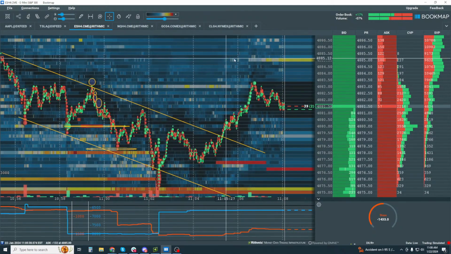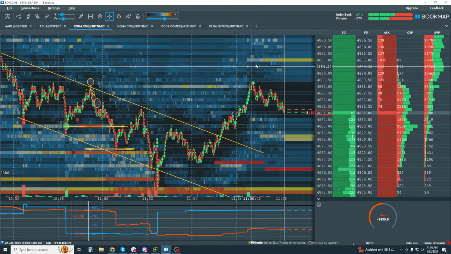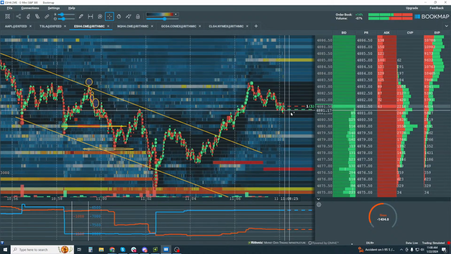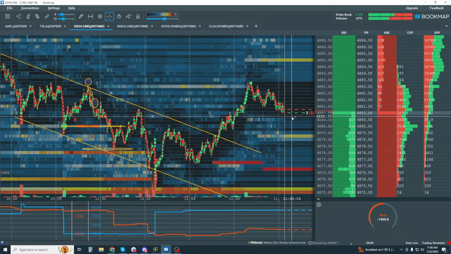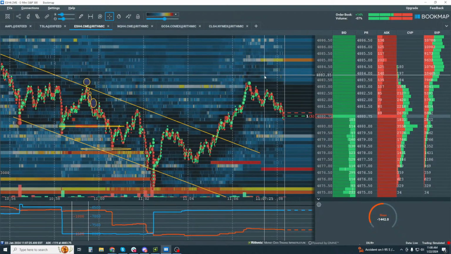Let's take a look at Apple and Microsoft, waiting for this to unfold here. You can see it selling off a little bit here, at our 80 level right now.